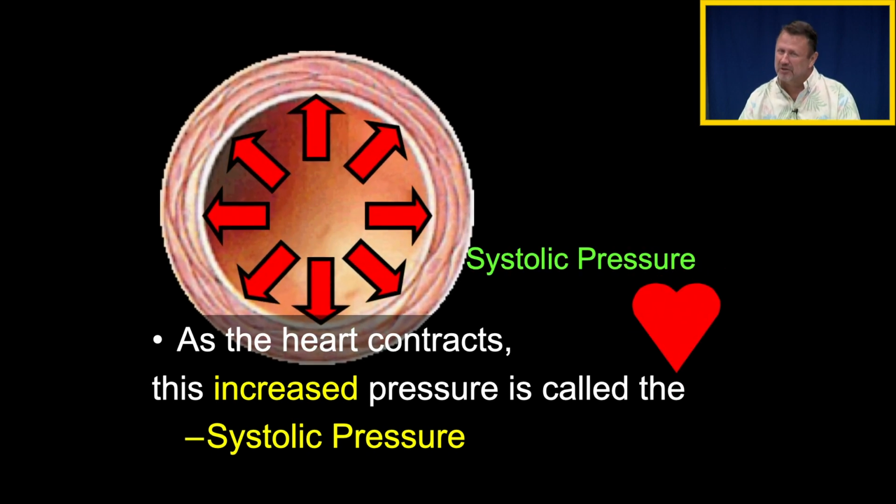The systolic pressure is always the higher pressure. Occasionally I'll meet somebody who says, my diastolic was higher than my systolic. No, the systolic will always be the higher number, and it results from heart contraction. That's the systolic pressure.